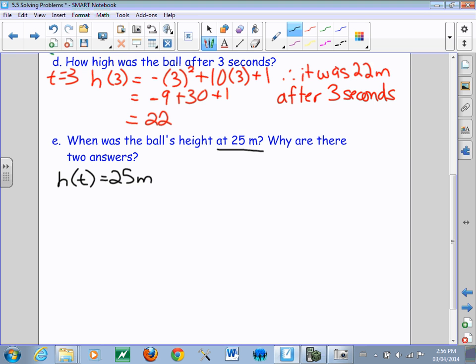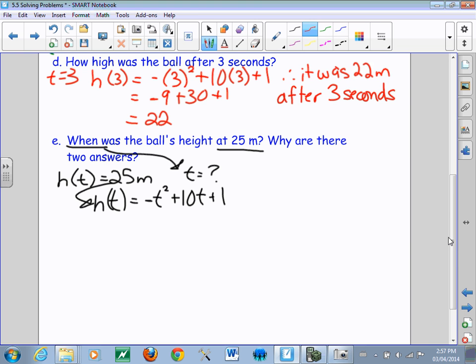What we're trying to find is when. That tells me we need to find t equals question mark. So if we know our original equation is h at t equals negative t squared plus 10t plus 1, we can sub that value in here. So we've got 25 equals negative t squared plus 10t plus 1.